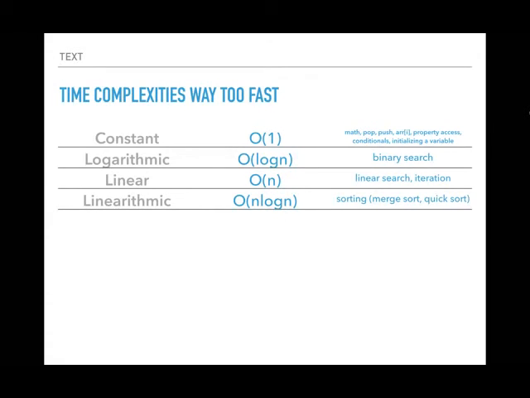That's the best that any sorting algorithm can do if it compares elements. So in JavaScript, I believe .sort in V8 uses quicksort. Can anyone verify that? You can probably just Google that and ascertain that for sure. But quicksort is usually the most common sorting algorithm, and it's n log n.